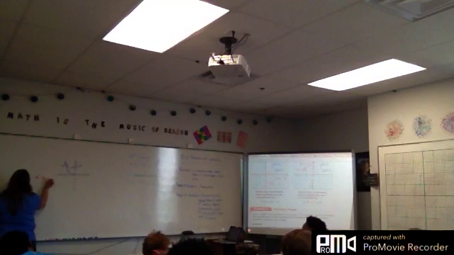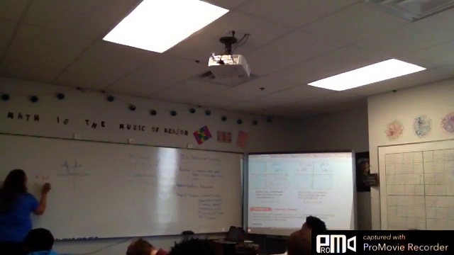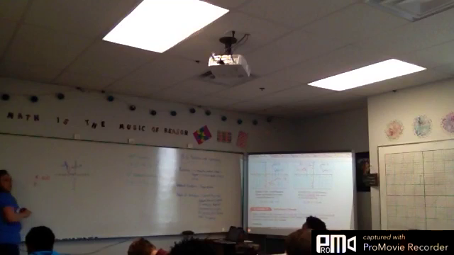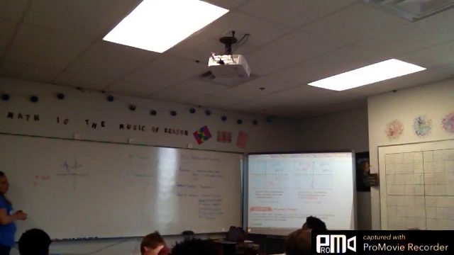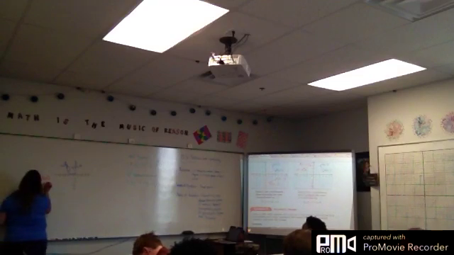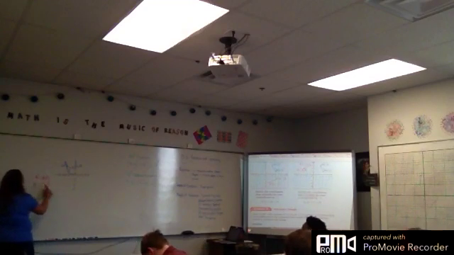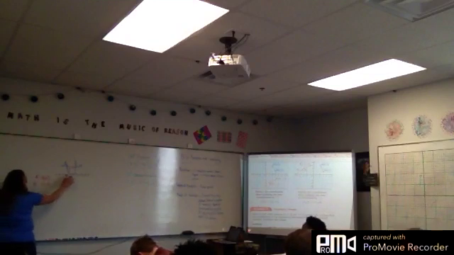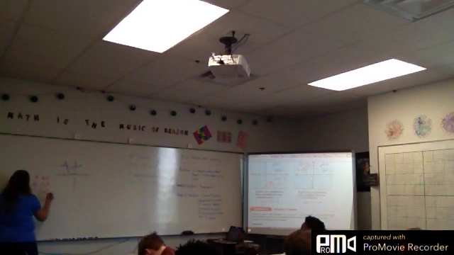B would be 3, 2. X and Y switch, X becomes the opposite of what it is. And what would C be? It's -2, 1 right now. It would be 1, 2.